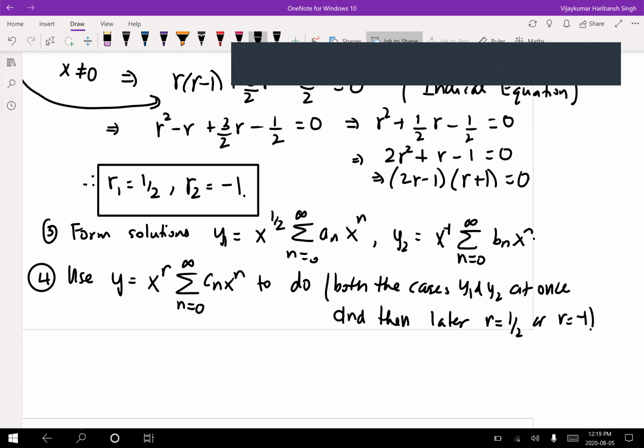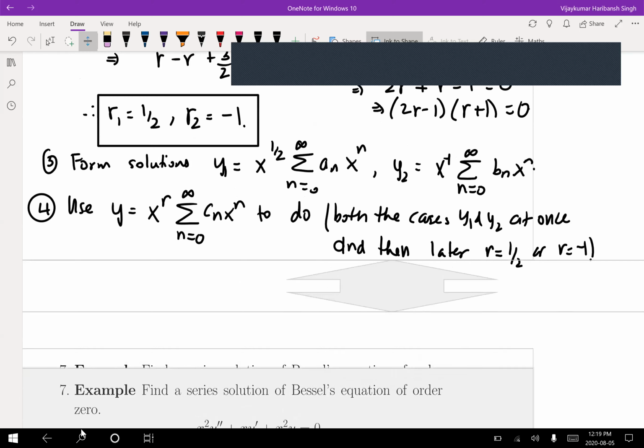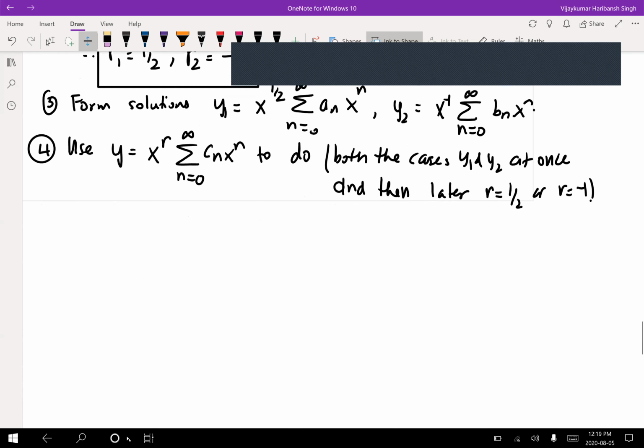So we want to do this in generality now. So substitute in the DE.